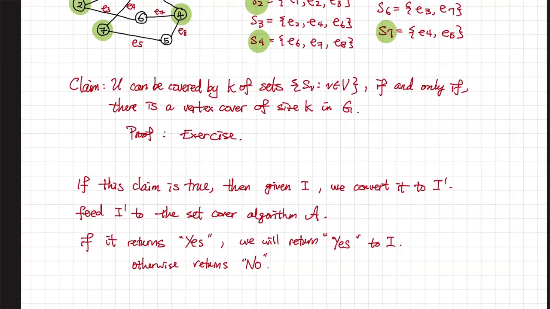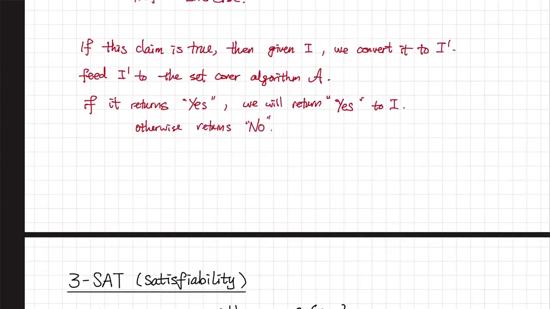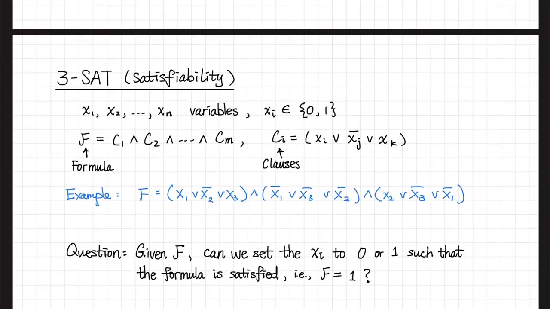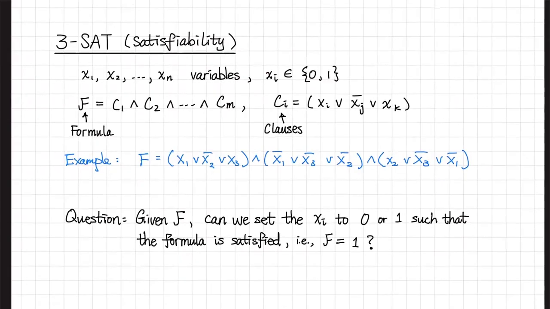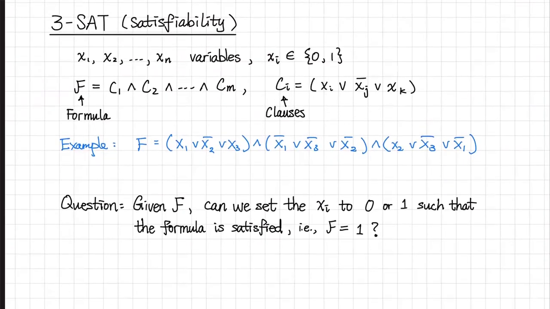Now let me give you another problem. I'm going to give you a few more problems in NP. The next problem I'll show you is one of the famous problems in the NP category, and it's actually the first problem proven to be NP-hard. What does NP-hard mean? It means the hardest problem in the NP category.